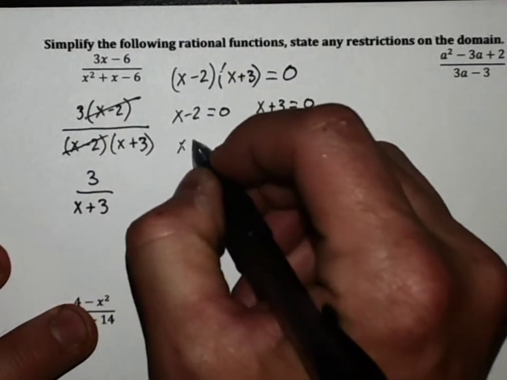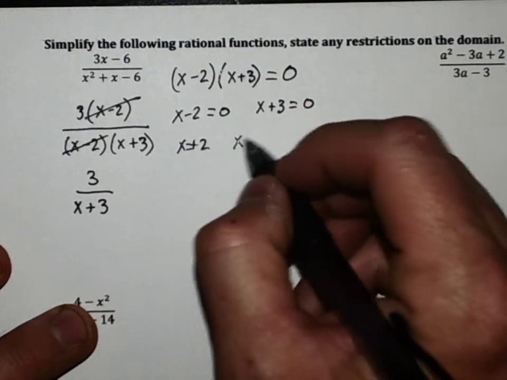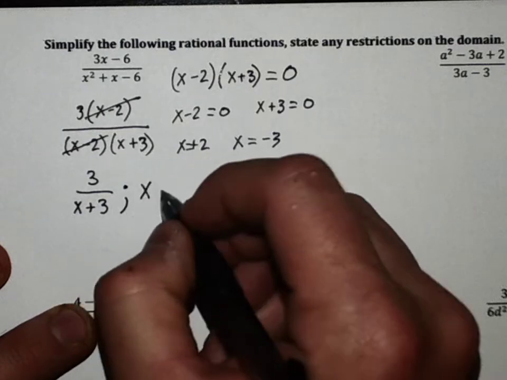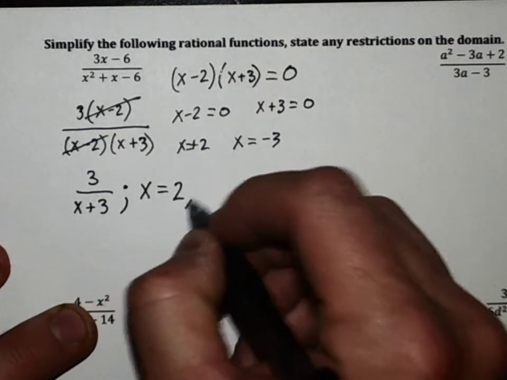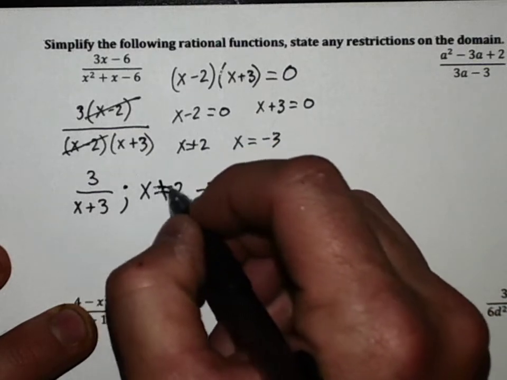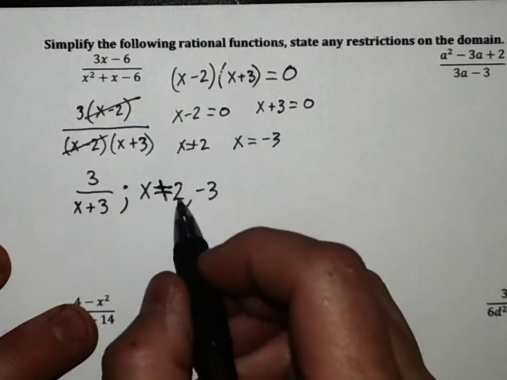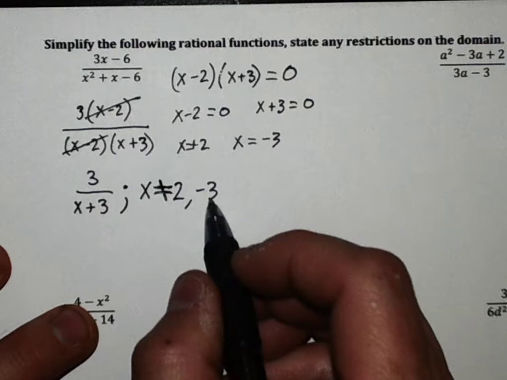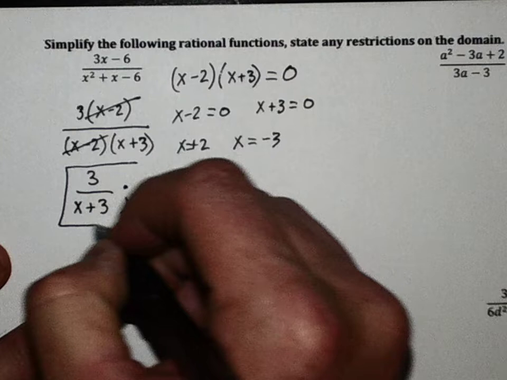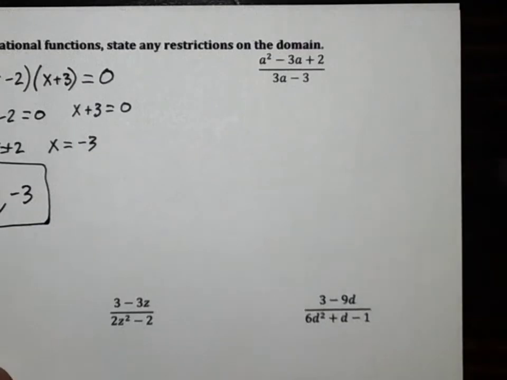I add 2 over, and I subtract 3 over. So what are the two things that make the denominator equal 0? Positive 2 and negative 3. But these are things that x is not allowed to equal. If you plug in a positive 2 or a negative 3, it makes the original denominator equal 0, which you cannot do. Let's go to the next one.